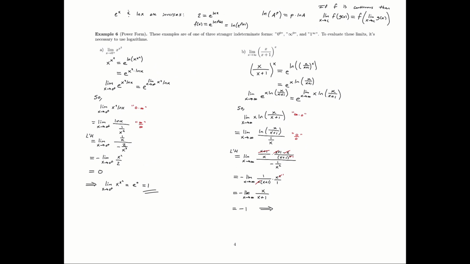So, therefore, the limit as x goes to infinity of x over x plus 1 to the x is equal to e to the negative 1, which we can just keep as e to the negative 1, but I like writing it as a fraction. That doesn't matter really, but it is 1 over e.